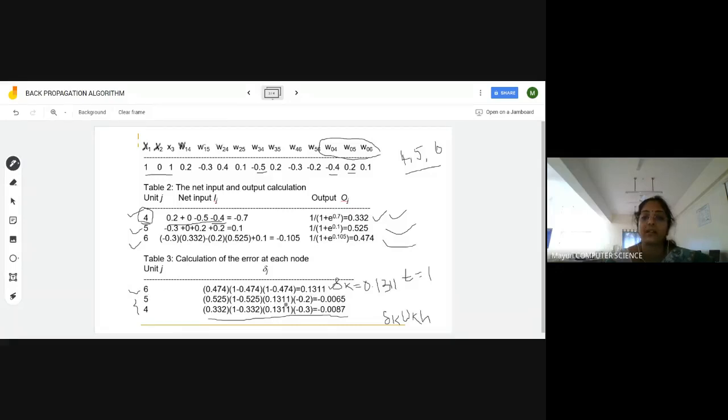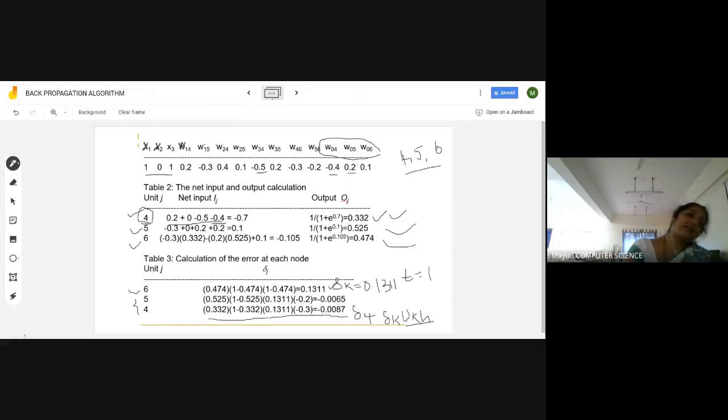So I have multiplied that. And since I am between 4 and 6, WKH is W46, which is minus 0.3. That is what I have multiplied, and this is the value I got. This is your del 4, and that was your del 6.